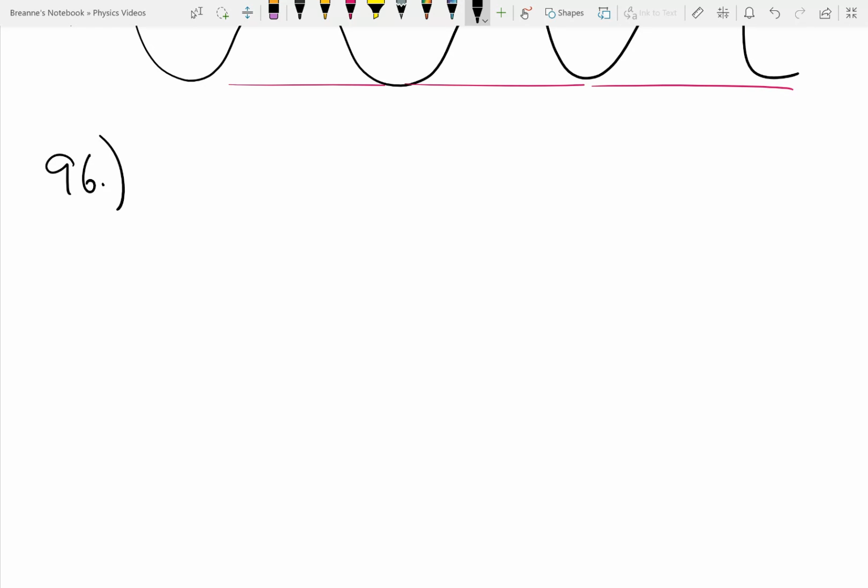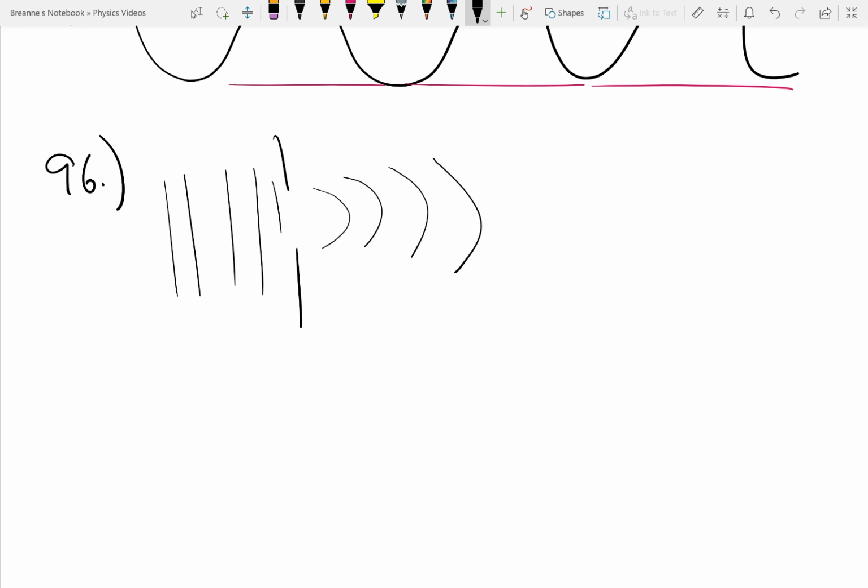Remember it makes like a D shape. So if we have waves coming through, as soon as it gets to this part, it starts to bend to get through the small hole. So I would definitely know that.